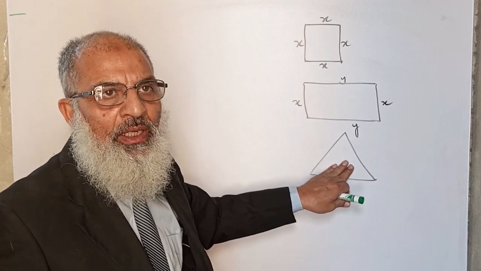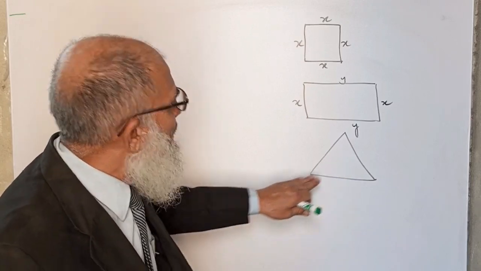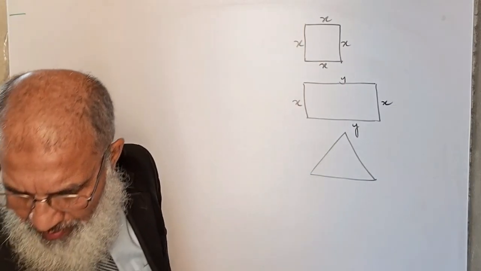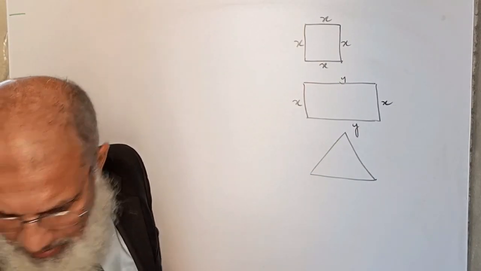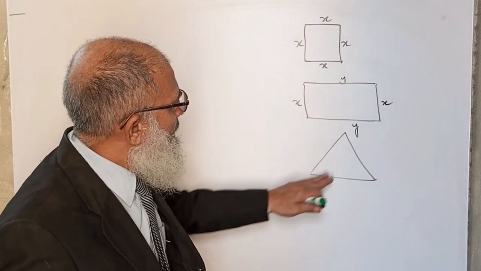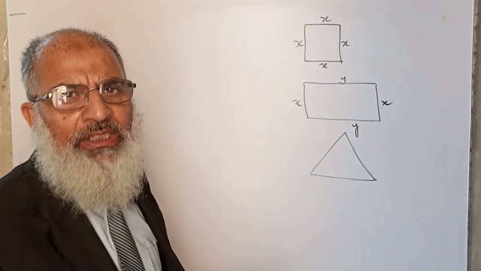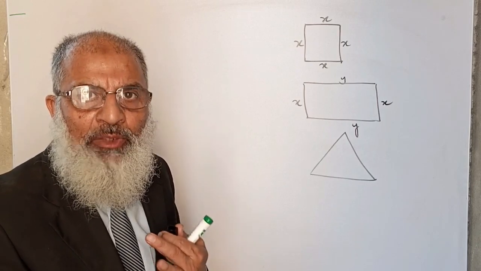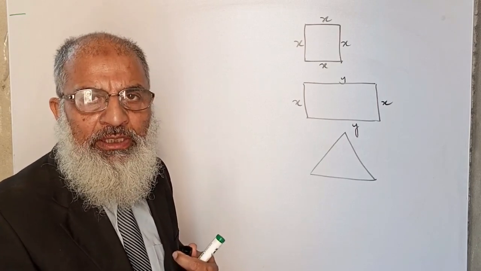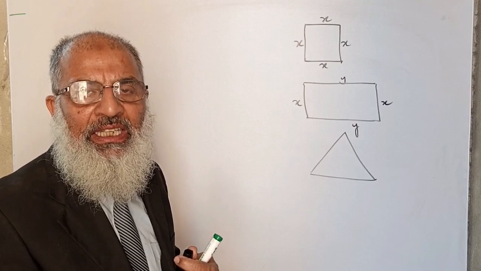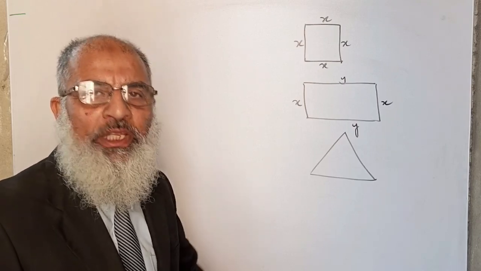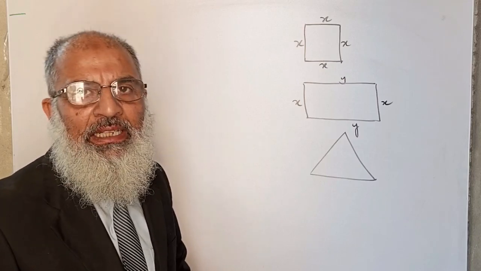Now this is a triangle, a general triangle. I don't know if it is an equilateral triangle, an isosceles triangle, a scalene triangle, a right angle triangle, or an obtuse or acute angle triangle.